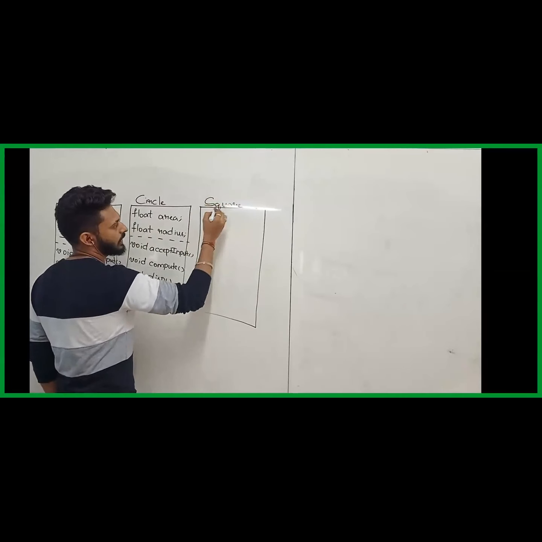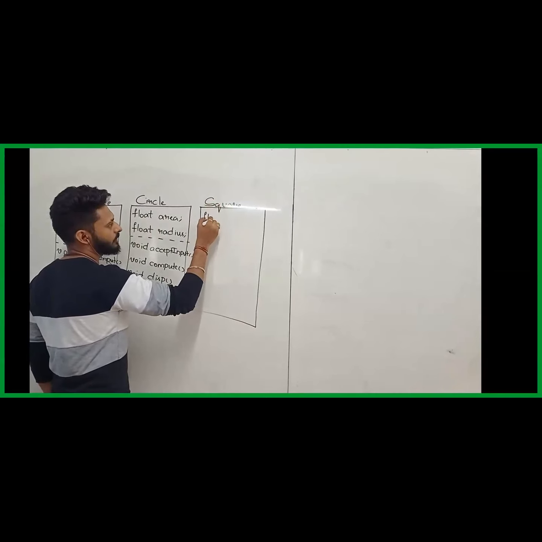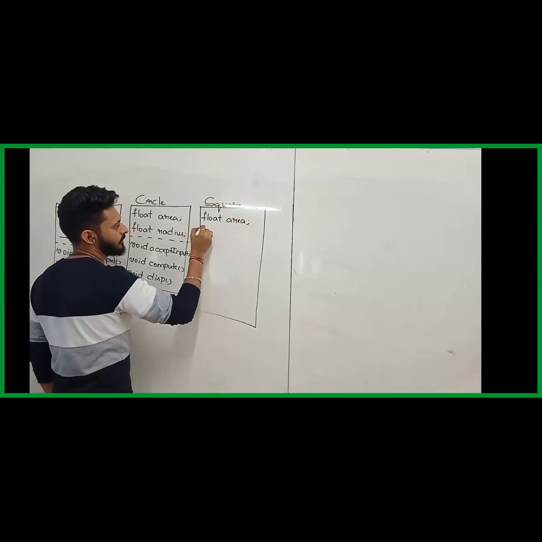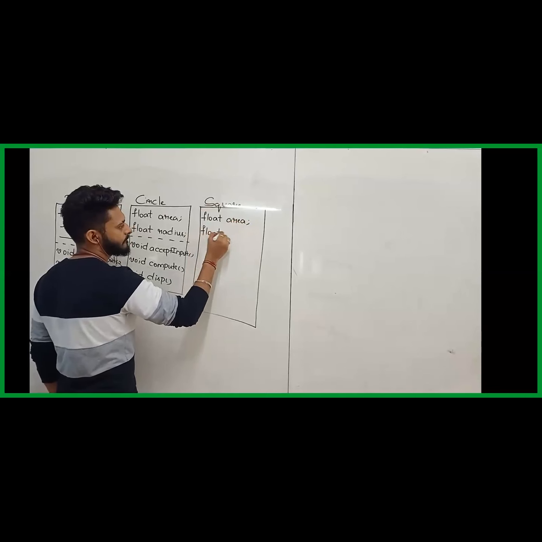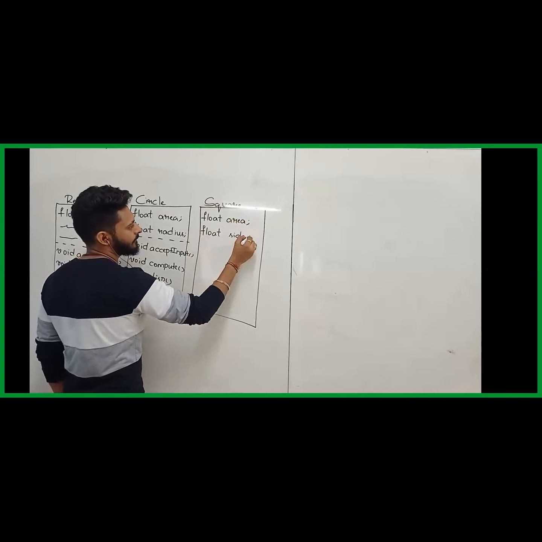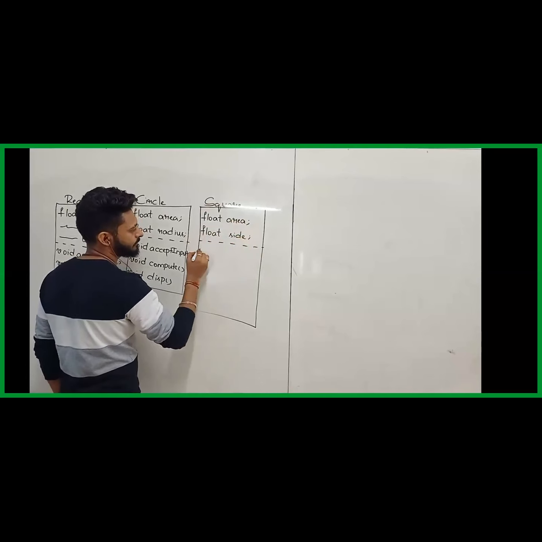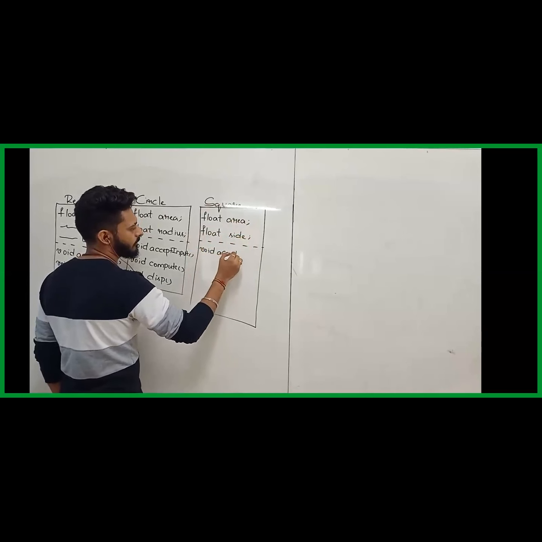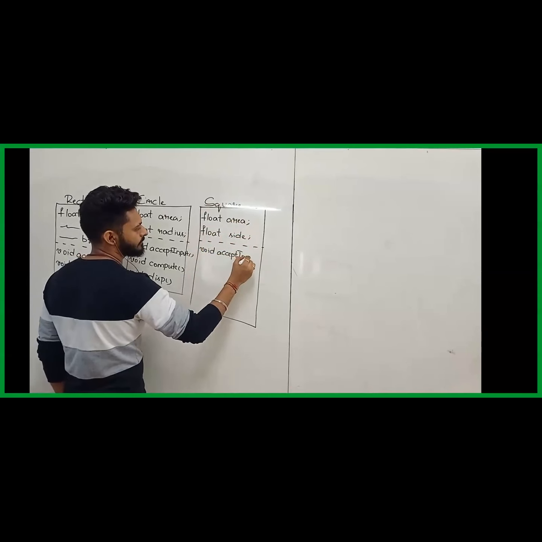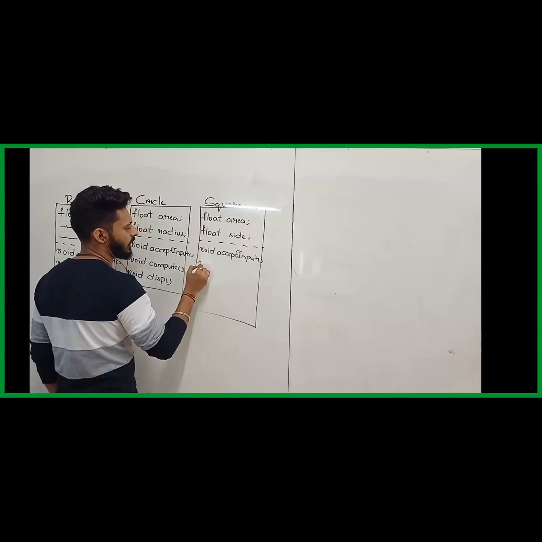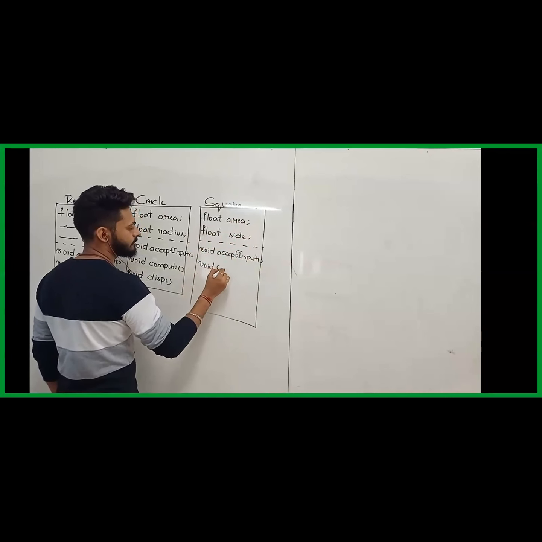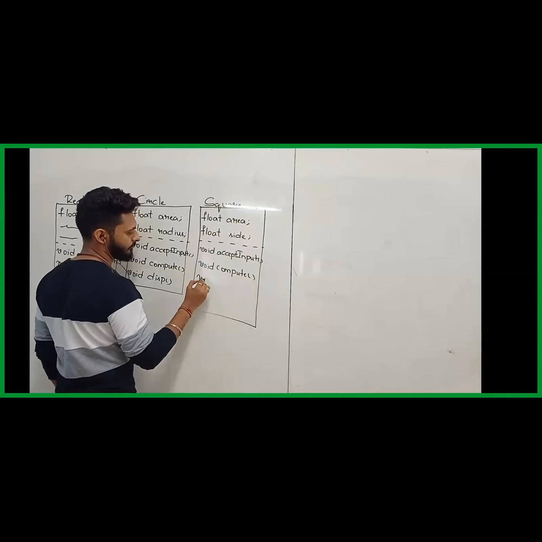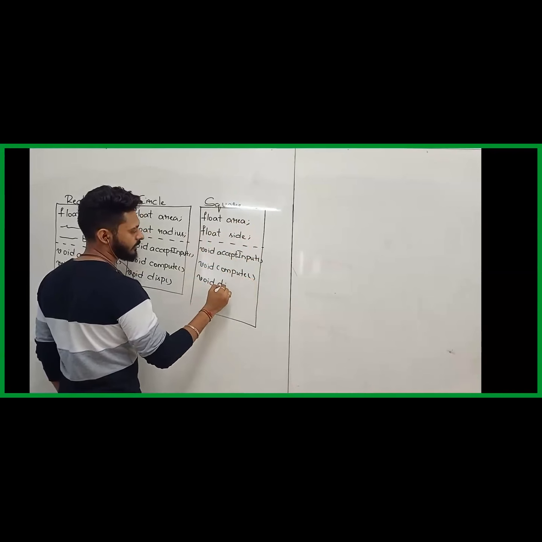Square. For square, what all do I need? Float type area, and then float type side, and then void accept input, void compute, and then void display.